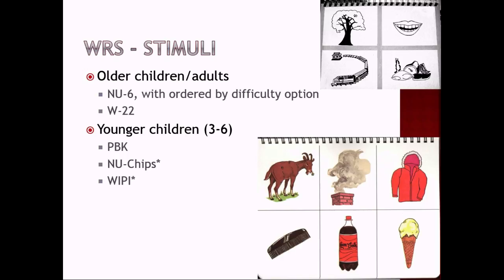But if they get more than one wrong, you have to go on to a whole 25-word list. And then there's the W22, which tends to be a little bit easier. The language level of the words is not as sophisticated, so I would tend to use the W22 with younger children or with adults that may have English as a second language or may not be as educated.